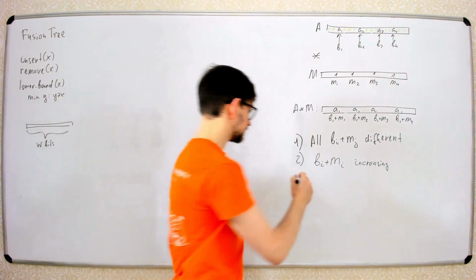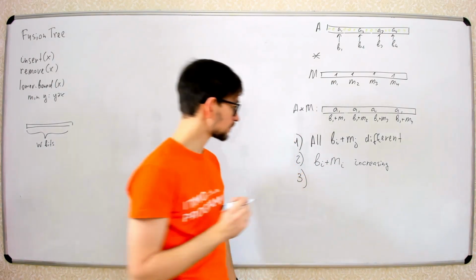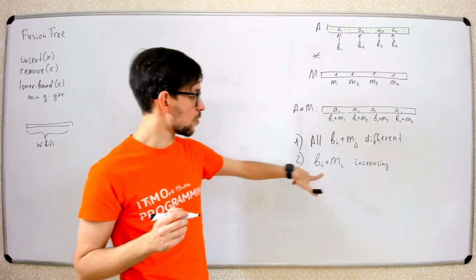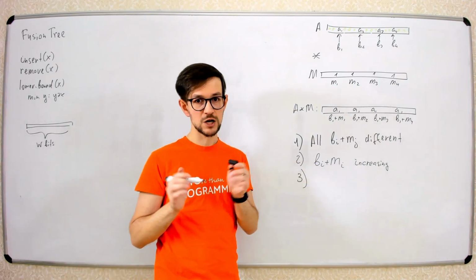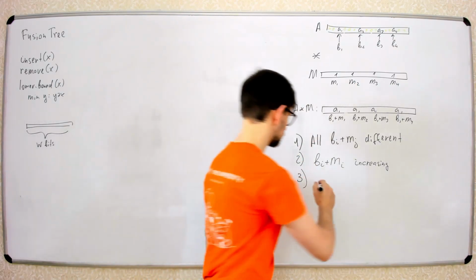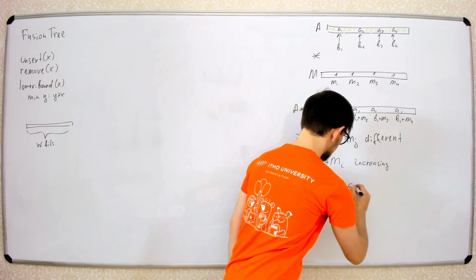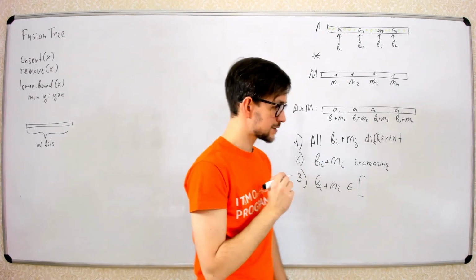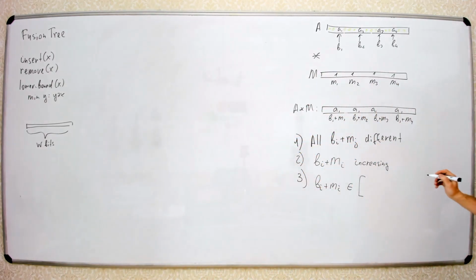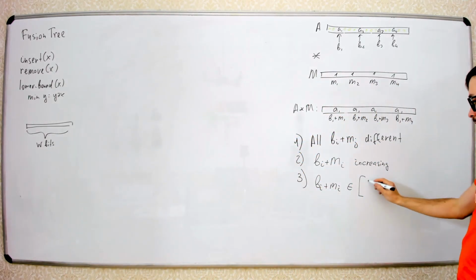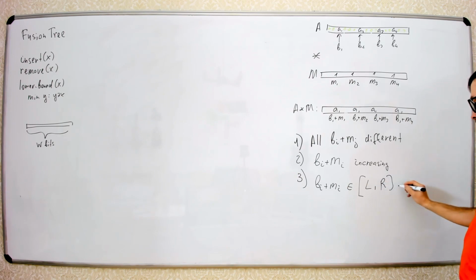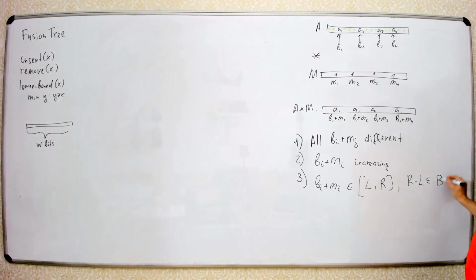And finally, I want all these positions for my sketch to fit into some small window from L to R, such that R minus L is no more than B to the power 4.